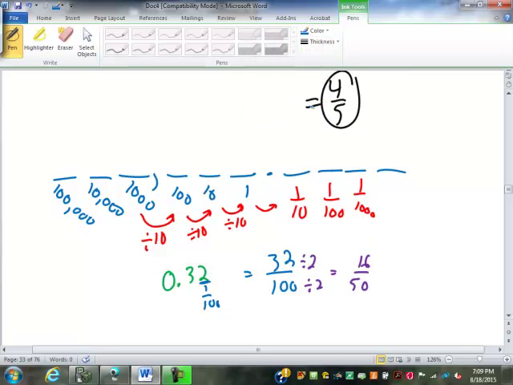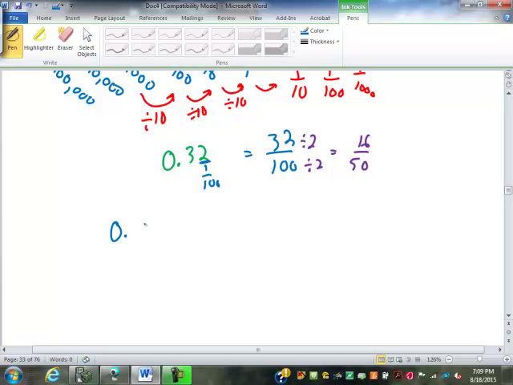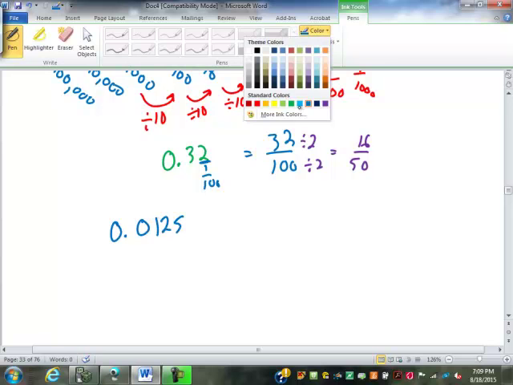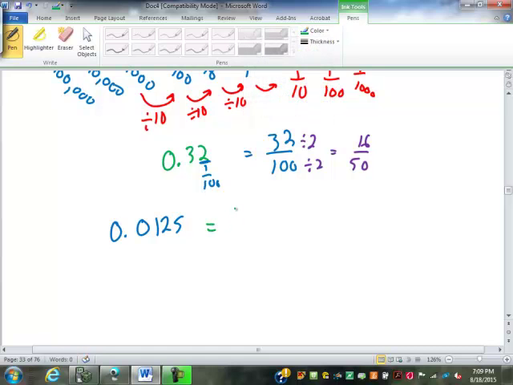If I have 0.0125, to convert that into a fraction, it's going to be 125 over, can anybody tell me? Tenths, hundredths, thousandths, and 10,000ths.